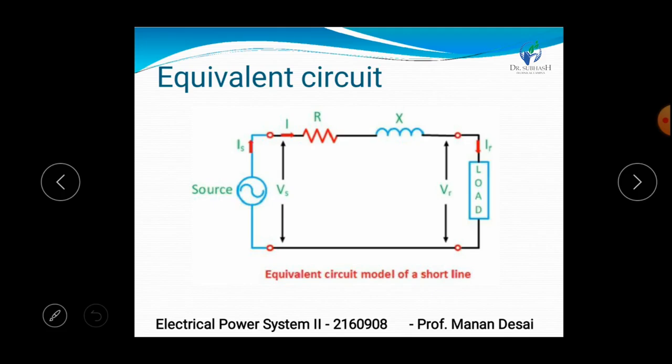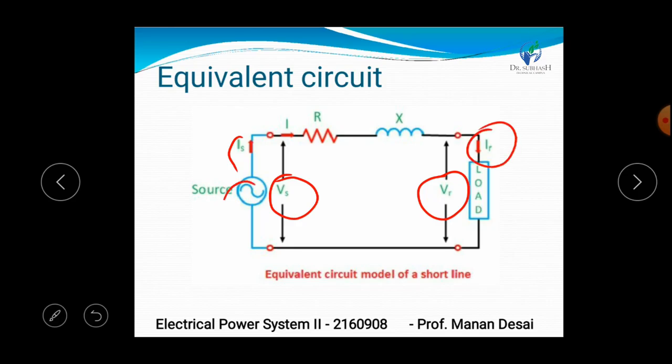In this figure, this is the equivalent circuit of a short transmission line. Now, in this figure, there are four main parts: sending end voltage Vs, sending end current Is, receiving end voltage VR, and receiving end current IR.